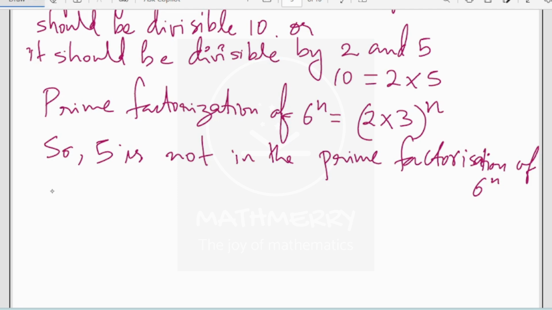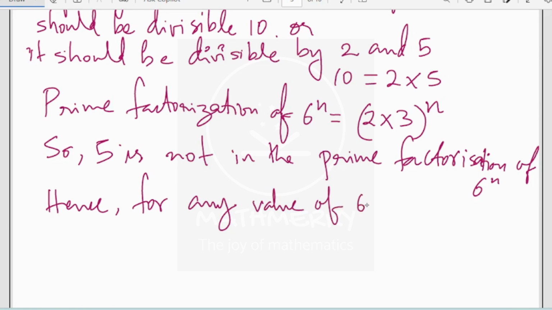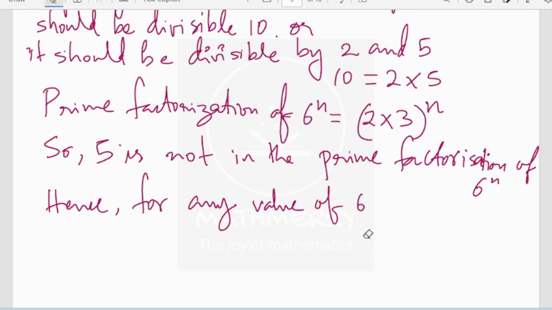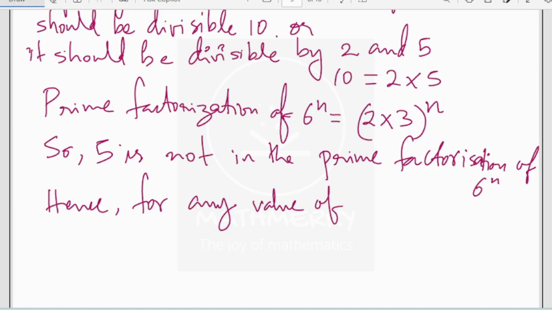So this is what we have to write. So hence for any value of n, 6 raised to n will not be divisible by 5.